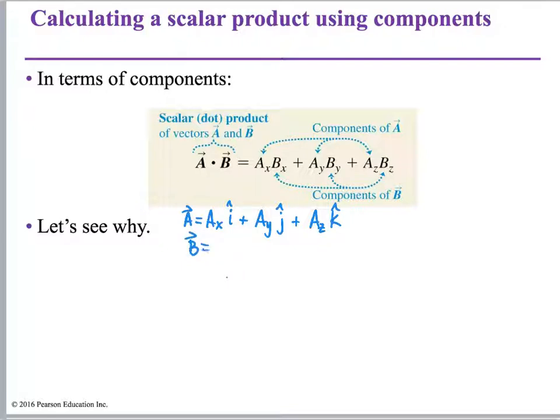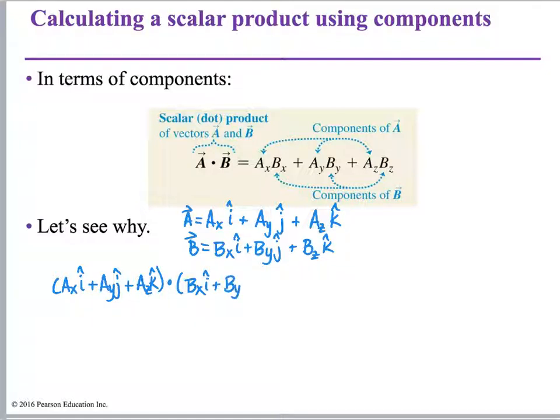Same thing goes with vector B. And so if we want to do the dot product, you can literally think about multiplying all these factors out, so that I'd have to multiply this times this and this times this, etc. So let's start writing down all the terms I would have.